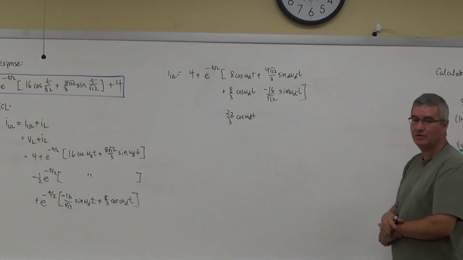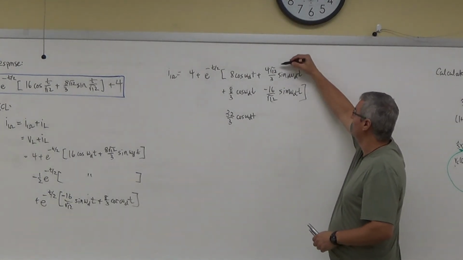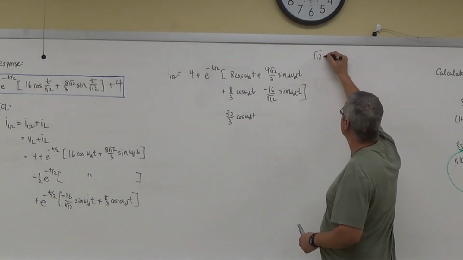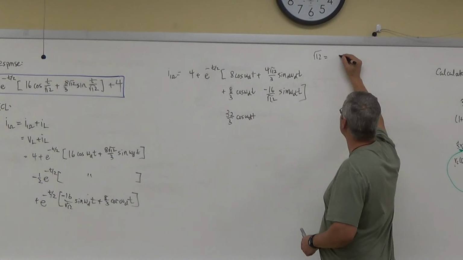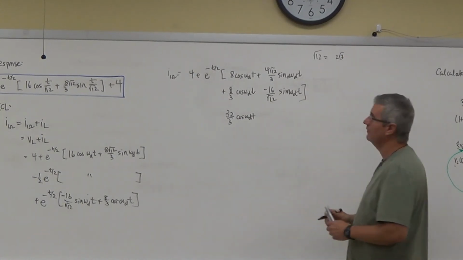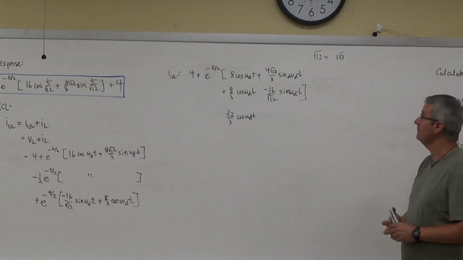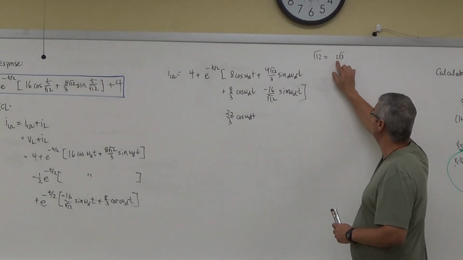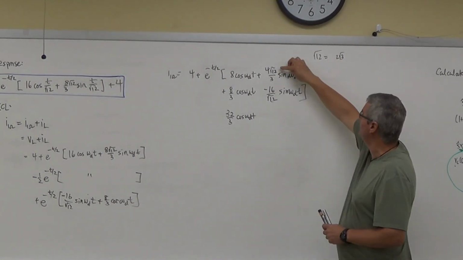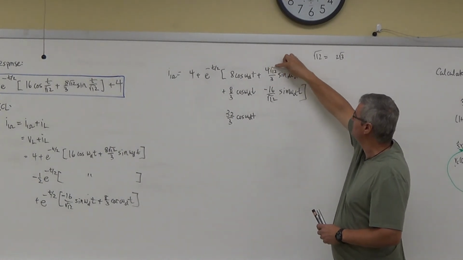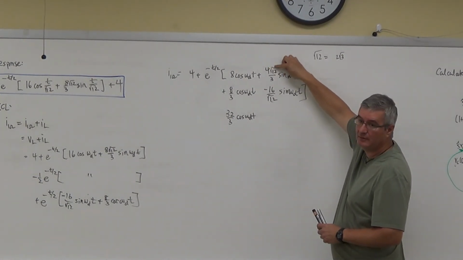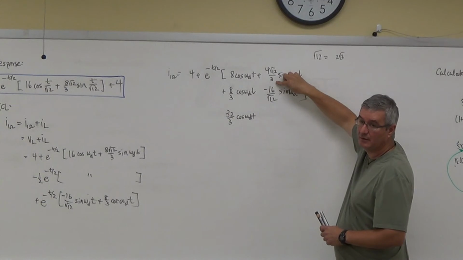Okay. I would do the algebra here. Let's see if we could do this in our head. Is that the same as the square root of 3 over 2? Right? So what I would do then, I would do 2 times the square root of 3 here. That gives me 8 times the square root of 3 divided by 3.